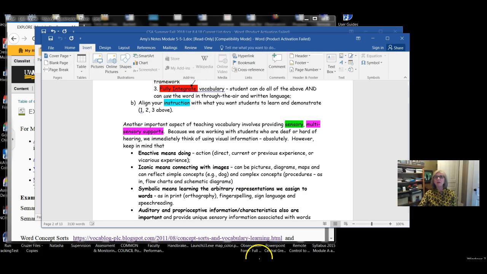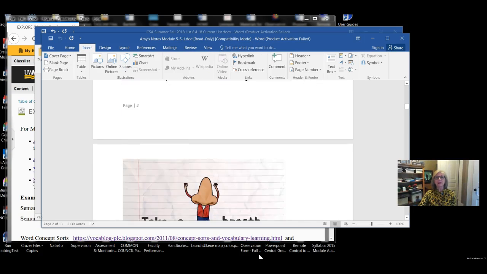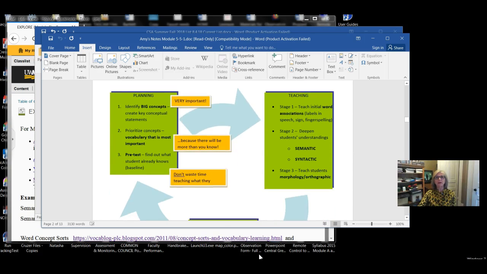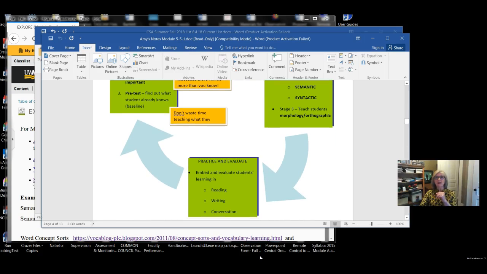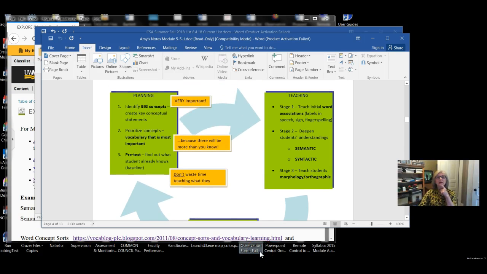So here, these are my notes, and the process looks right here. There's planning, and then teaching, and then really assessment is the third part. But these are the steps to planning. The first part, in my example, is a book, a story that is Little Nino's Pizza.